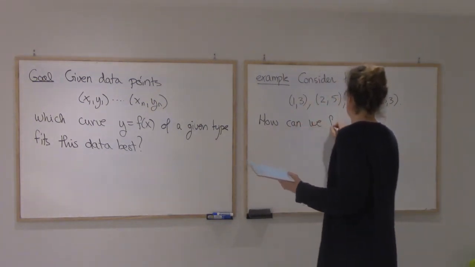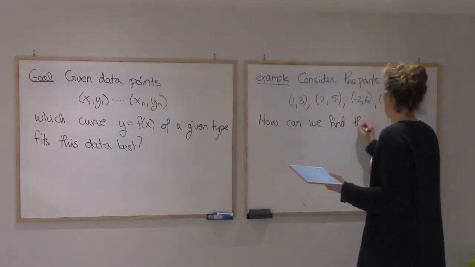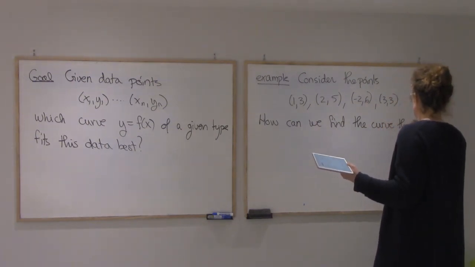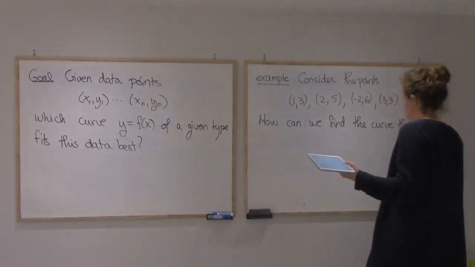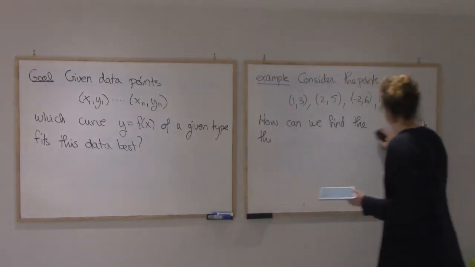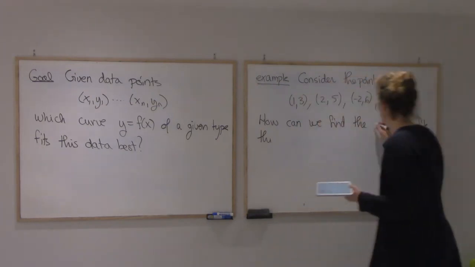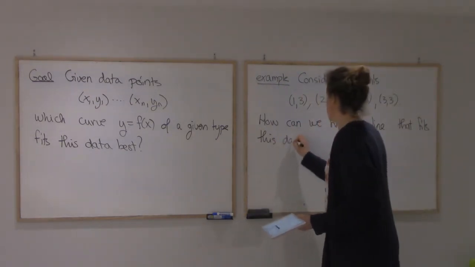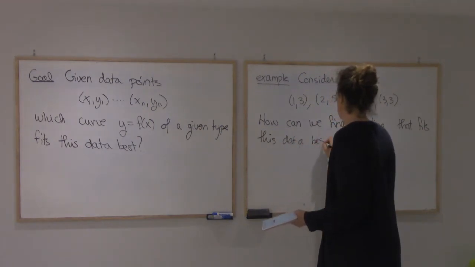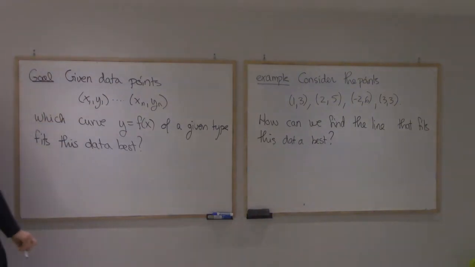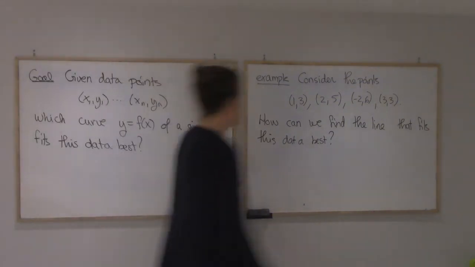So how can we find the line that fits this data best? Alright, so in a case like this, let's graph them.